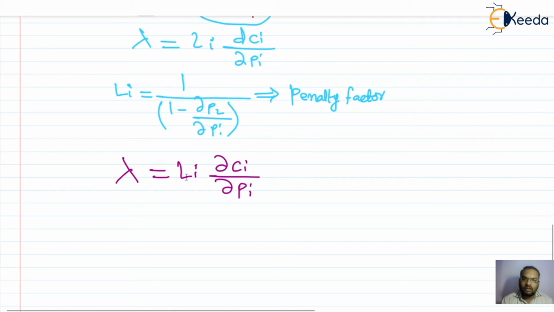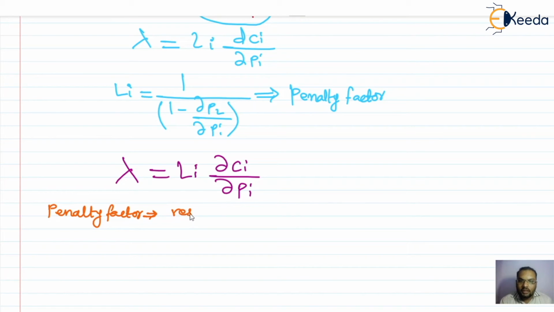This penalty factor represents the transmission losses, the effect of transmission line loss in the calculation.